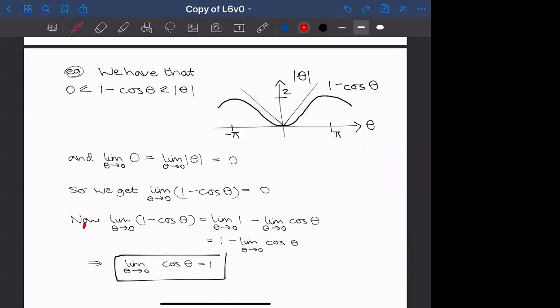A little trick to make it easier: 1 minus cos theta is certainly positive because the range of cos theta is between -1 and 1. So 1 minus cos theta is positive.